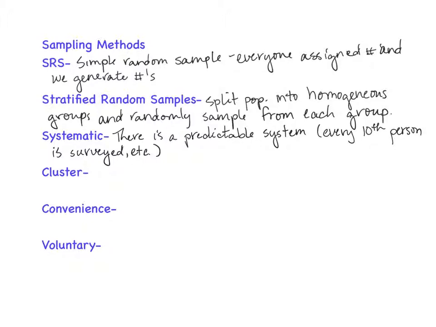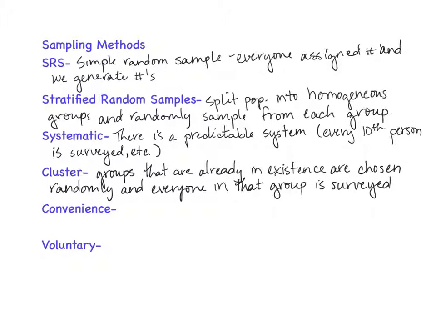Cluster samples can be a little bit trickier to get a representative idea of what's going on because oftentimes those clusters exist for a specific reason, but sometimes those clusters just are randomly assigned themselves, and so cluster sampling can be a good option. You just have to be careful about why the clusters exist.